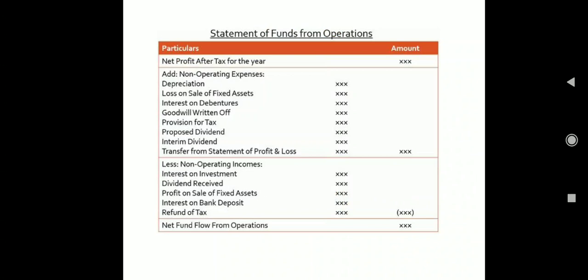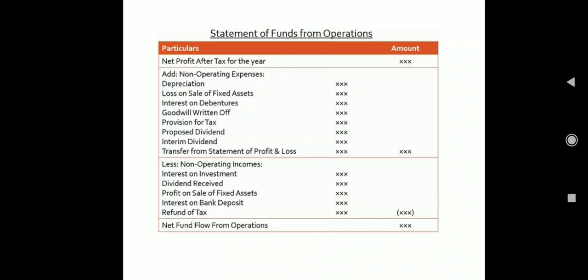Similarly, one more item is there. There are some items which are not going to affect working capital, which will not have any effect on the working capital. Those types of items are known as non-fund or non-operating items.